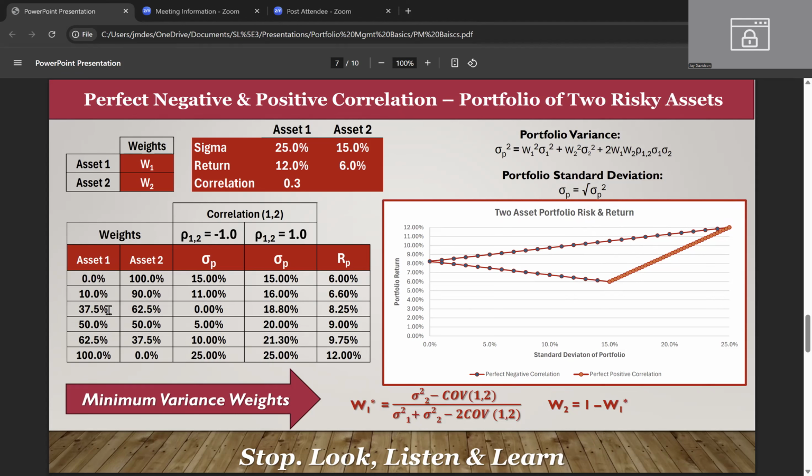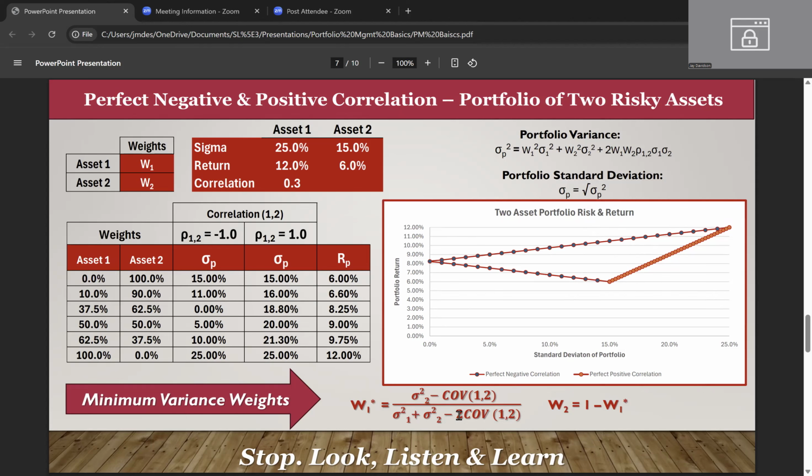And then as you can see here, as you continue to add more and more of asset one to the portfolio, the standard deviation of the portfolio starts to increase more and more. And when you get to 100% of asset one, you're back up to 25%. And so those are the things that you definitely want to take away from this and know for the exam.